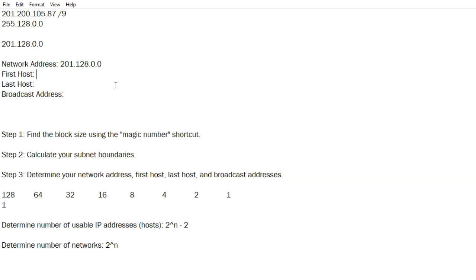So then what's my broadcast address? Well, that's not really hard to figure out either. Remember that each of these octets can be a minimum of 0 or a maximum of 255. My broadcast for this network is going to be 201.255.255.255. I subtract 1 from my broadcast. That tells me my last host.